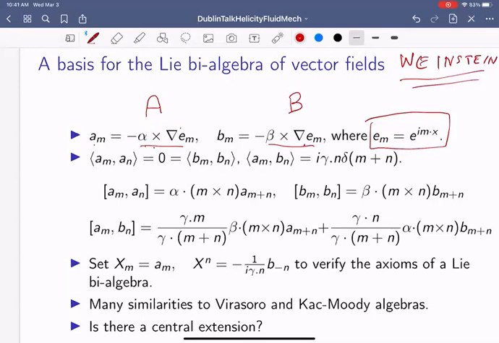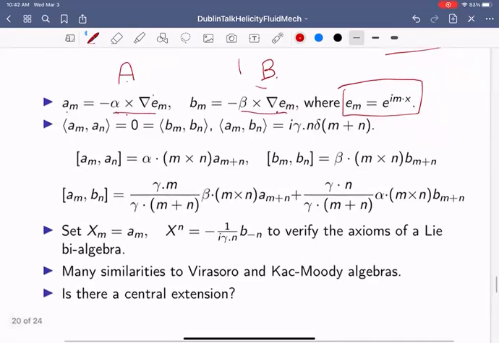In fact, what I have here are two separate symplectic forms, one associated to alpha and one associated to beta. The Poisson bracket within A is closed and forms a Lie algebra. The Poisson bracket within B is closed and forms another Lie algebra. And essentially, the two together give you the Lie algebra of all vector fields.